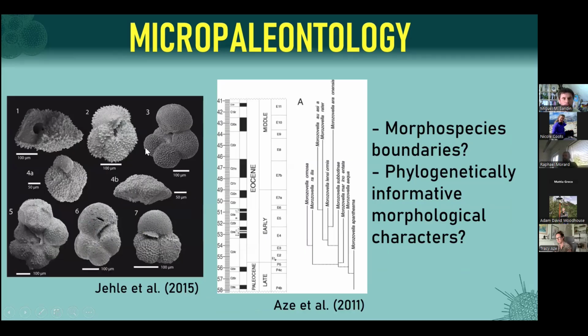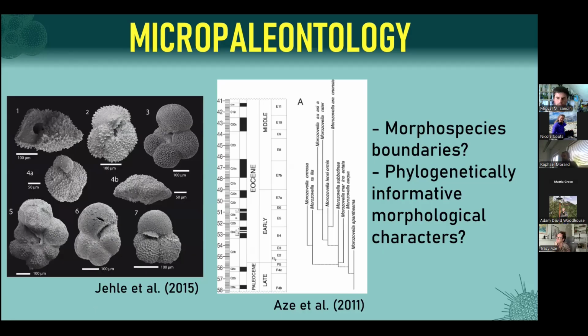And from this observation, you can interpret the evolutionary history of this foraminifera. And here I put a figure from the paper from Hayes et al. 2011, where you have an interpretation of the Morozovella genus evolution. So all of that is based on the interpretation of the morphology of foraminifera.